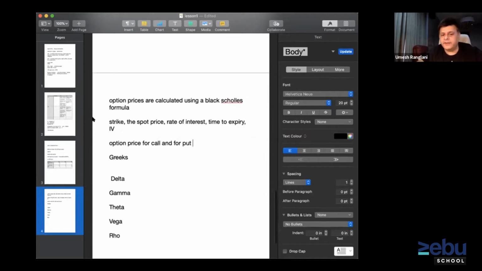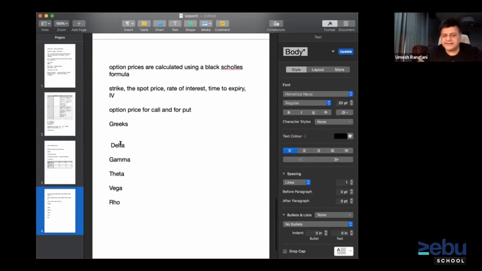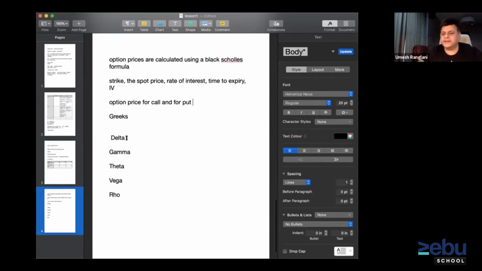The minute we do that, these also start reflecting. These are also formulas which are derived. They are the first order derivatives, derived from the Black-Scholes differential equation.